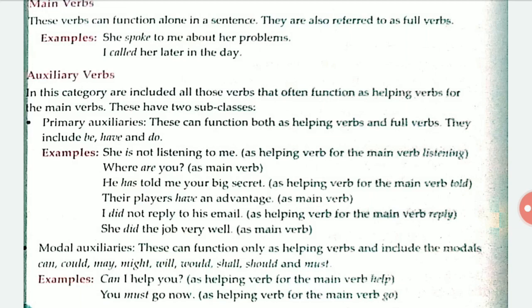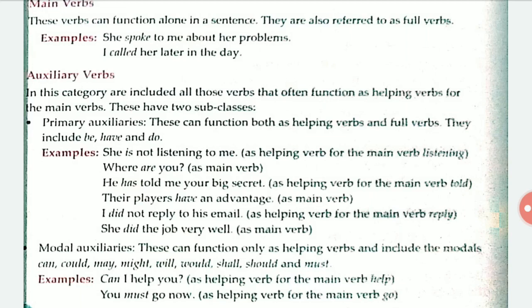I did not reply to his email. Did not reply, here did is acting as a helping verb for the main verb reply. Did is the verb form of do.